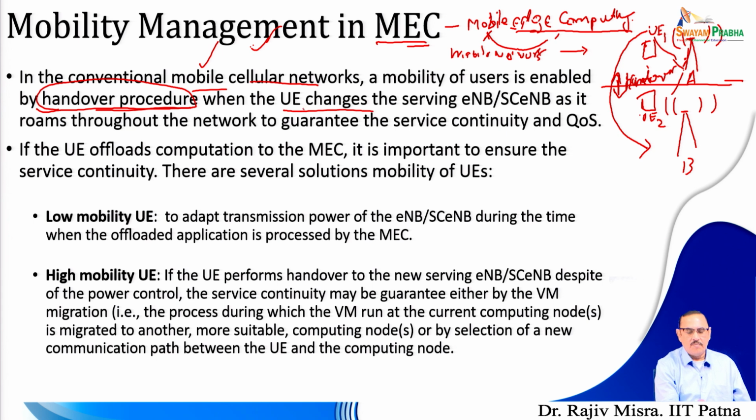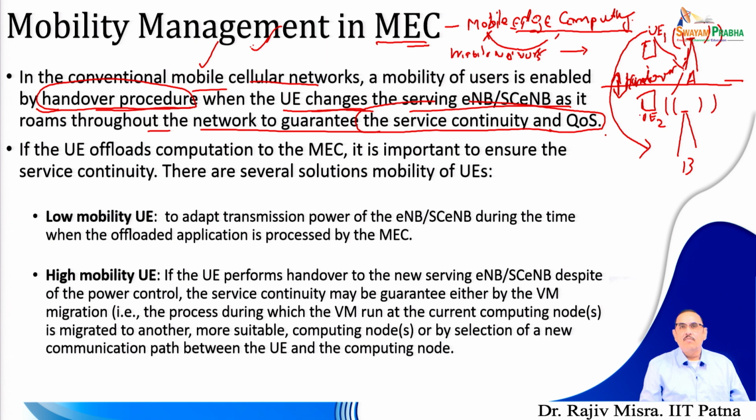When the user equipment changes the serving ENBs as it roams throughout the network to guarantee the service continuity and quality of service. So, once he moves from the serving ENB or SCENBs as he roams and comes into the different serving SCENBs for service.